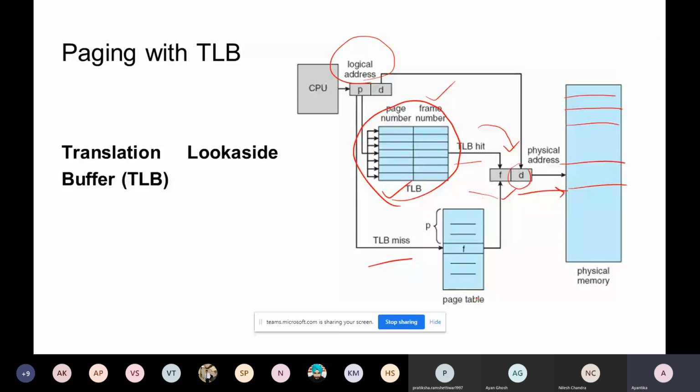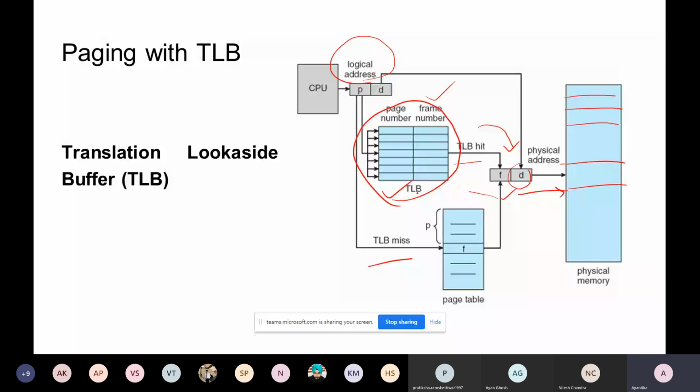If it is not giving you any information about your frame number, that means the frame number entry for that page is still not there in your buffer. Otherwise, see, the buffer is of a very small limited size, because if you keep this buffer the same size as your actual page table, you will not get any advantage.